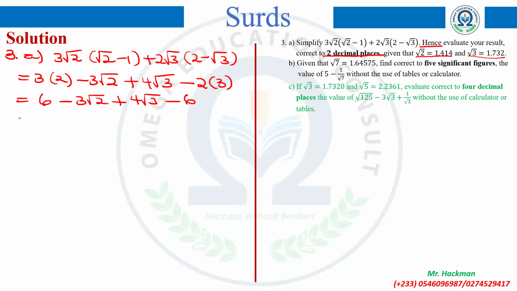So I'll write therefore 3 root of 2 into root of 2 minus 1, plus 2 root of 3 into 2 minus root of 3. This will be equal to, so I'll come down. I know it won't go there. If you go there, you continue. But if you are coming down, you start writing close to the margin.